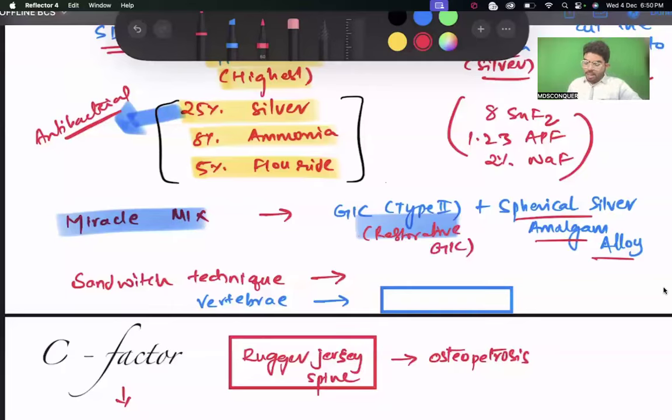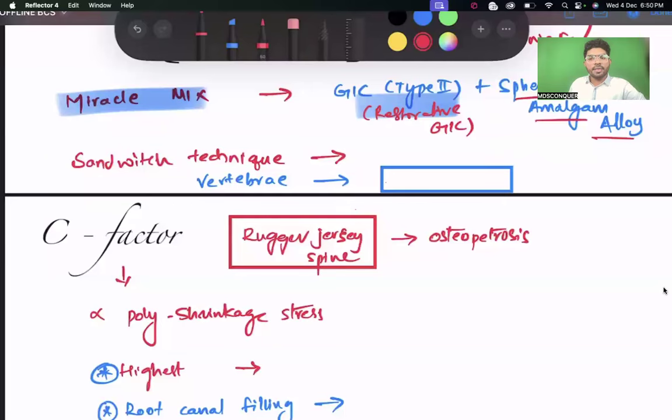Then I just want to add a note about the sandwich technique. Most of you are familiar with the open sandwich technique and closed sandwich technique, already discussed in the quick revision videos. It is a combination of GIC plus composite. If the GIC is exposed outside, it is called open sandwich. If the GIC is closed by composite, it is called closed sandwich.